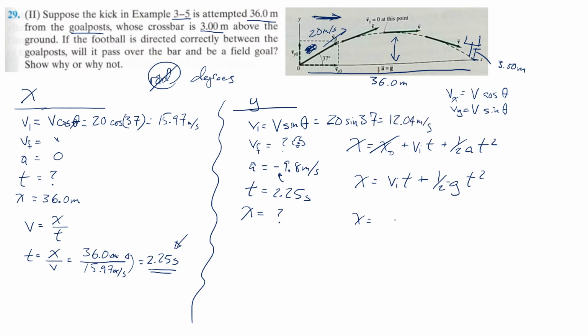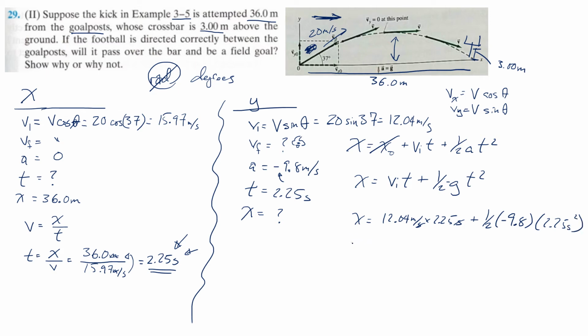meters per second. So this is 12.04 meters per second times 2.25 seconds. Remember, we just found that out. Seconds will cancel, and it's going to be in meters. That feels good. Plus 1/2 times negative 9.8 times 2.25 seconds squared.